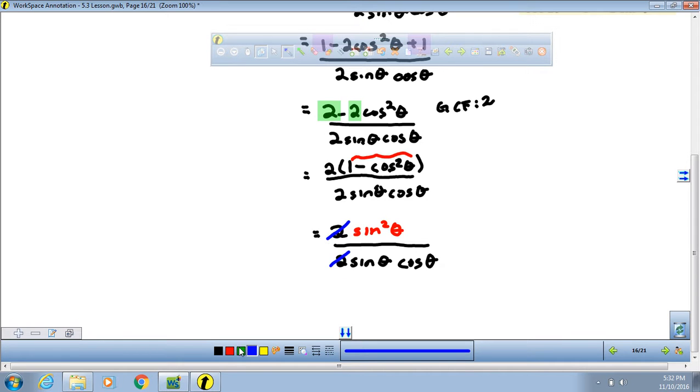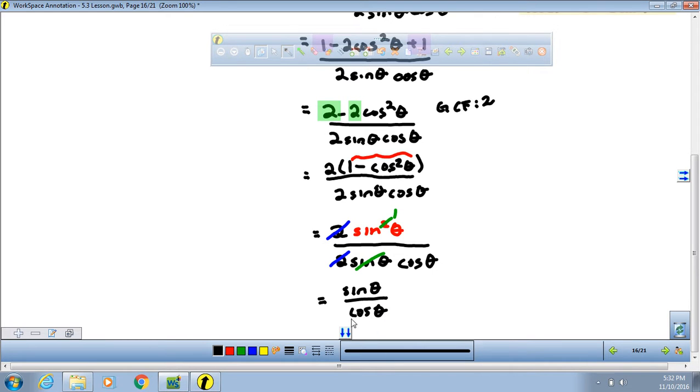Cancel out the 2's, and on the numerator you have sine square of theta, which means sine of theta times sine of theta. So I can cancel one of these sine of thetas with the bottom sine of theta, and that gives you a result of sine of theta, only one of them, over cosine of theta.